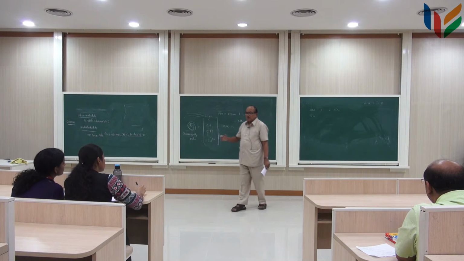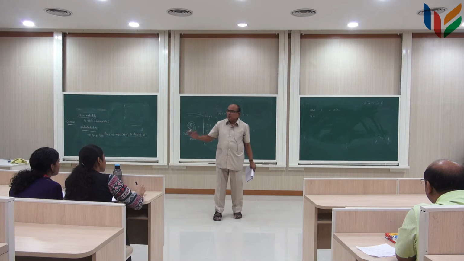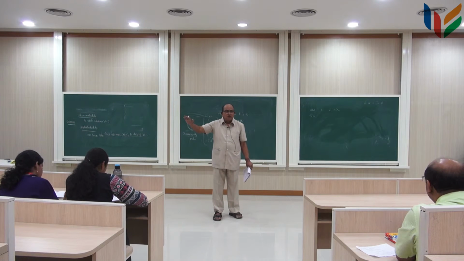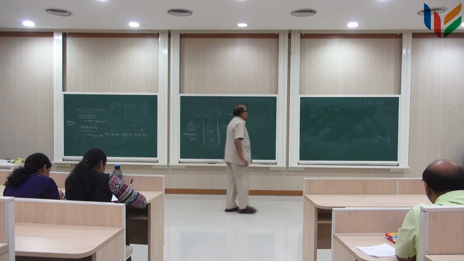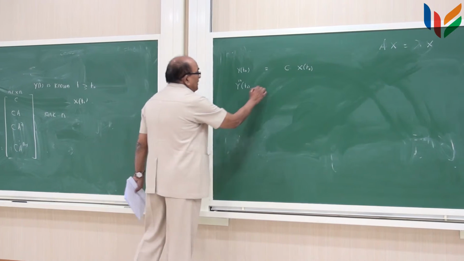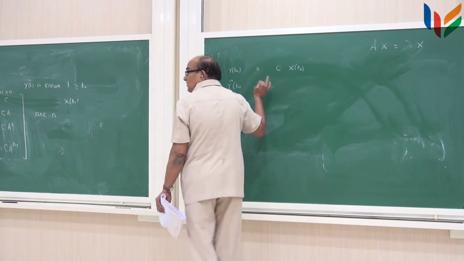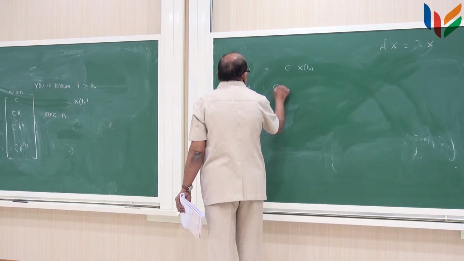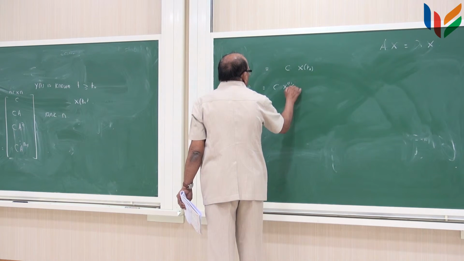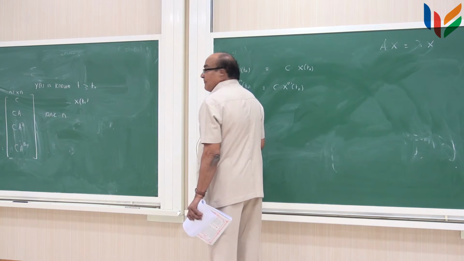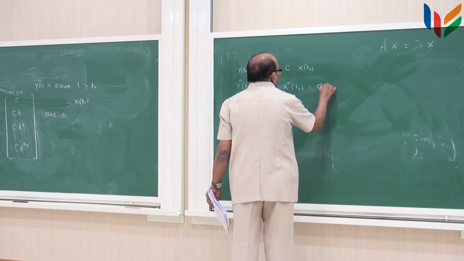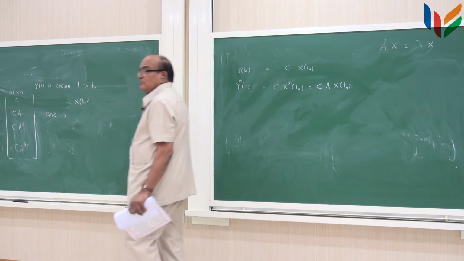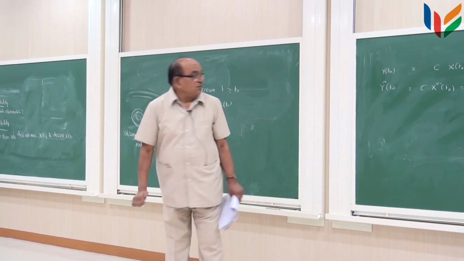Y is equal to Cx plus Du. Assume that the inputs are 0. We are only worrying about the initial state x(t0) moving. Then the first derivative of this will be equal to, according to the equation, C x dot(t0), which is nothing but CA x(t0), and go on doing this.